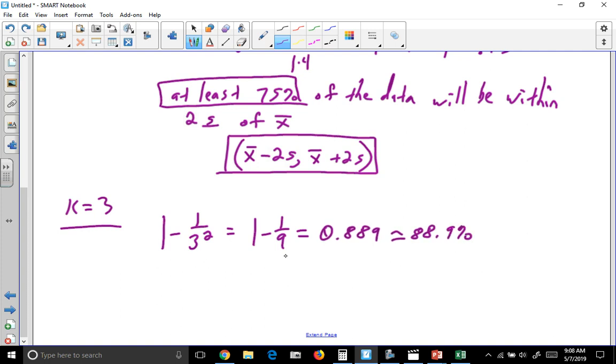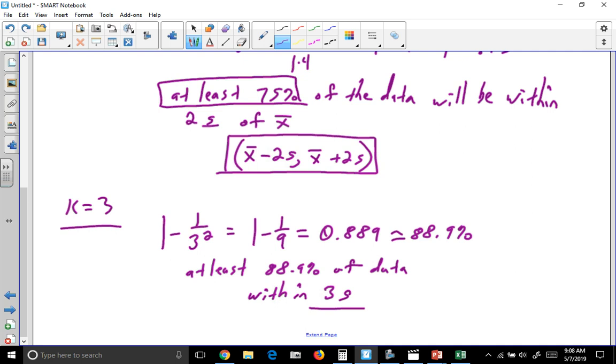So regardless of our distribution, we will have at least 88.9% of data within 3 standard deviations. And this works not just for integer values of k.